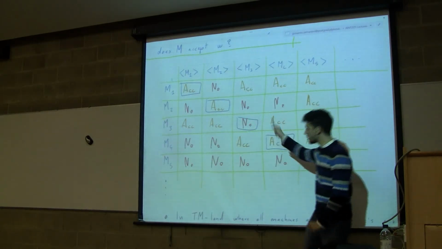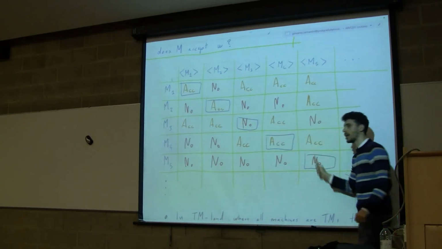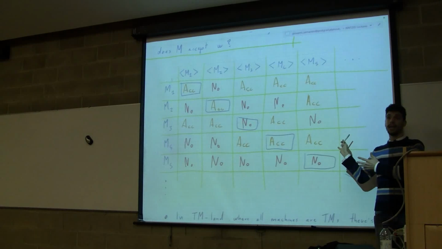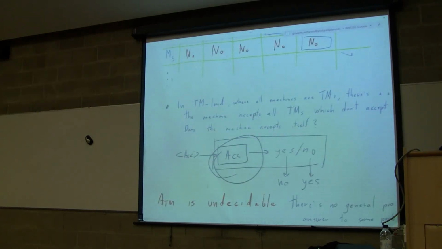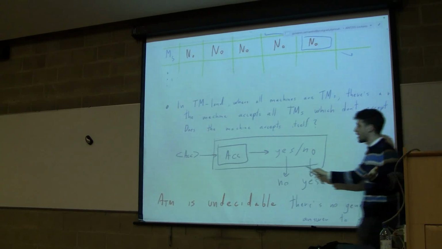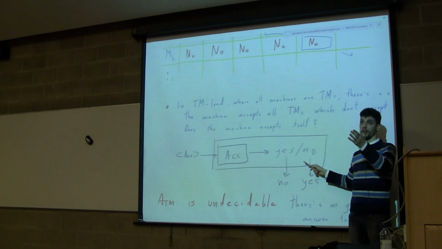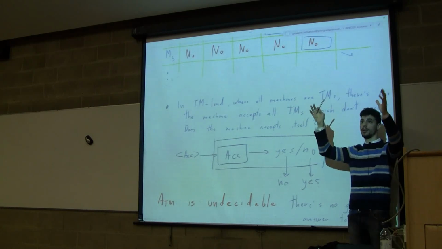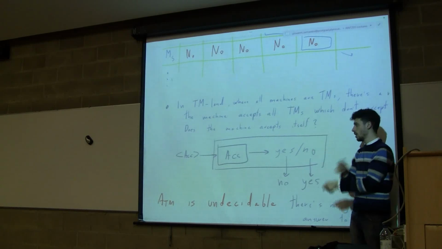You can tell me yes, it accepts, no, it doesn't. If you can do that, you can build another Turing machine, as I showed you, that does exactly the opposite of the program you programmed for me. So it takes your program, reads the output, and does exactly the opposite.